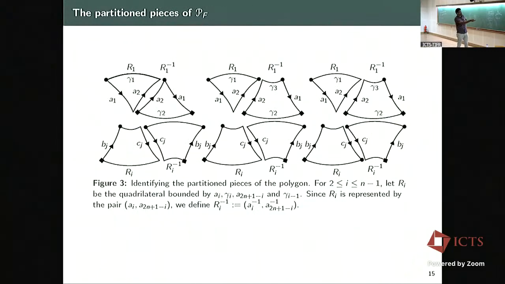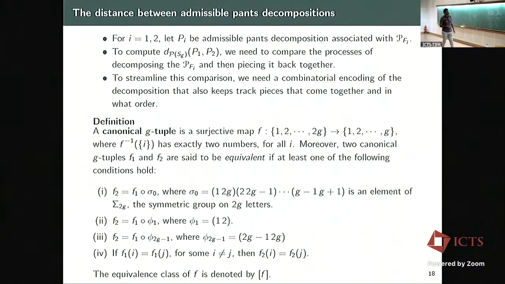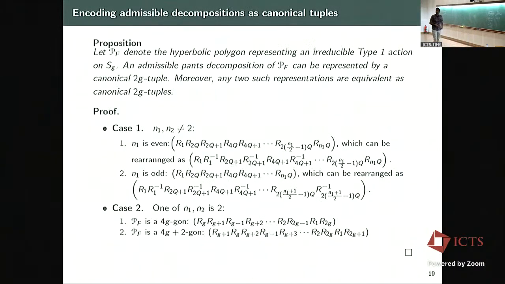Yeah, here it is. So let Ri be the quadrilateral bounded by these, and Ra is represented by a pair of this. Ra inverse is just a complementary pair that you associate to it. Okay? So for each possible scenario, you can find a canonical tuple that combinatorially encodes this decomposition and this process of piecing it back together.